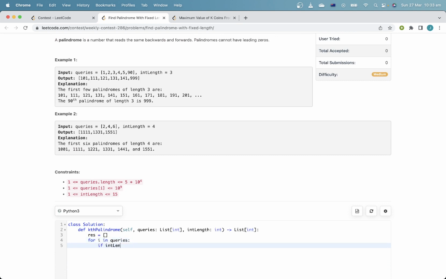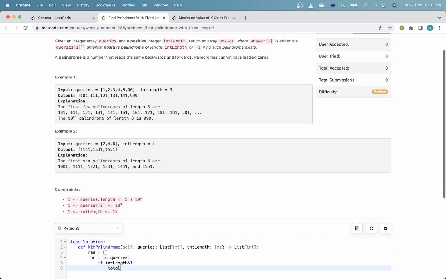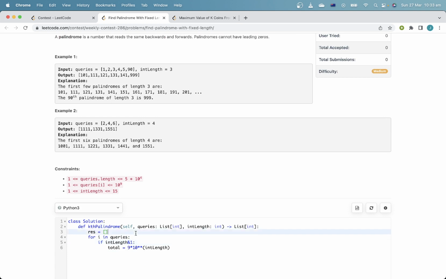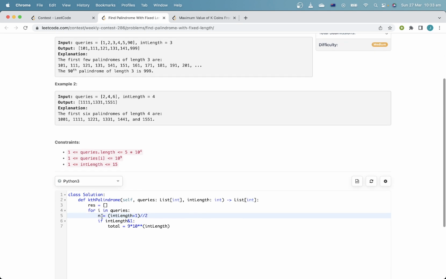Okay, so there's two cases. One of the cases is when the length is odd. In this case, then, is it 1 indexed? 9 times 10 to the power. So n is the number of digits.